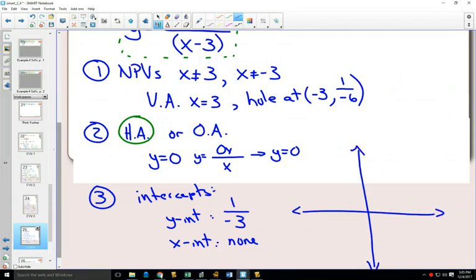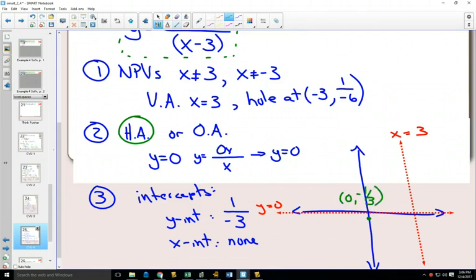We're going to have our vertical asymptote at x equals 3. We have a horizontal asymptote at y equals 0. We can label those. We know that we have a y-intercept of negative 1/3.